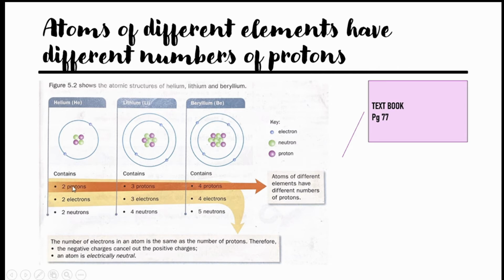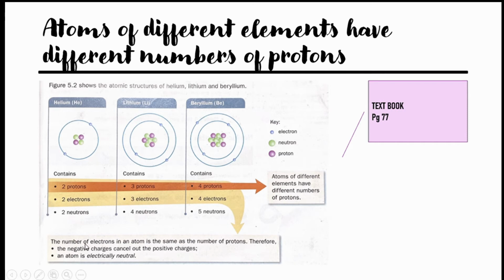Look at this. The number of protons of each atom is different. Helium contains 2 protons, while lithium contains 3 protons, and beryllium contains 4 protons. You can check this in your textbook, page 77.